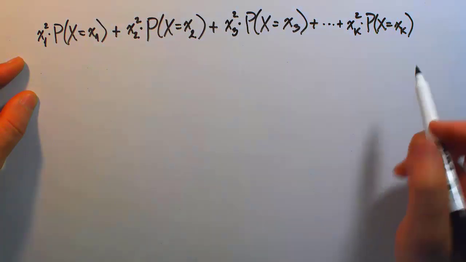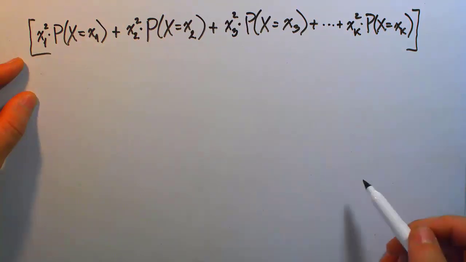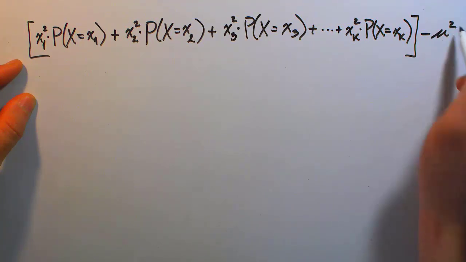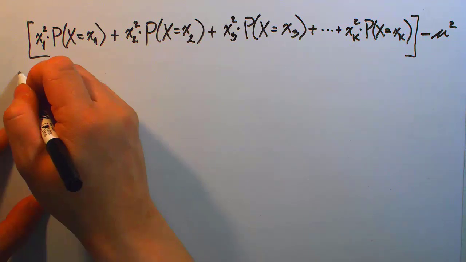After we're done adding, then we are going to subtract one time the square of the mean value, and then we're going to take a final square root.